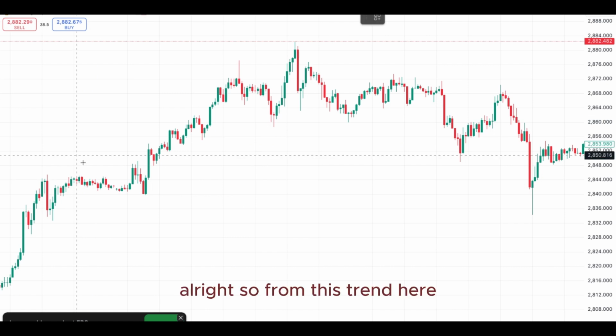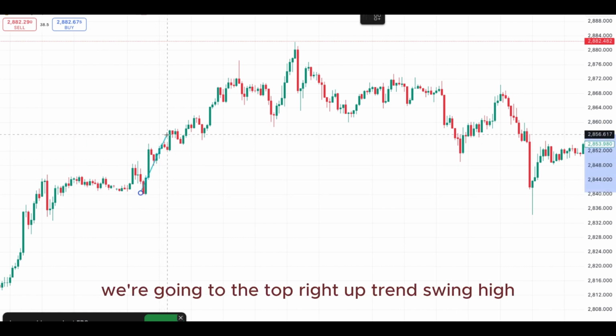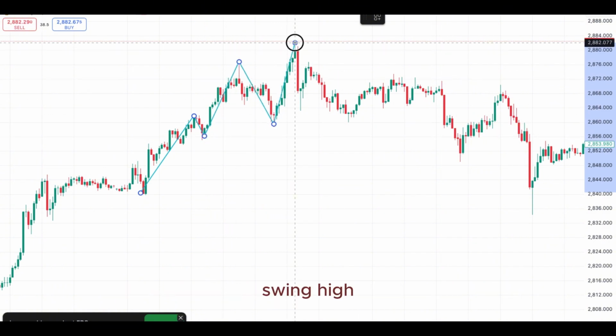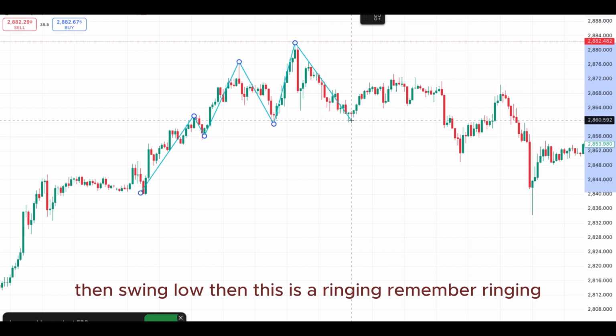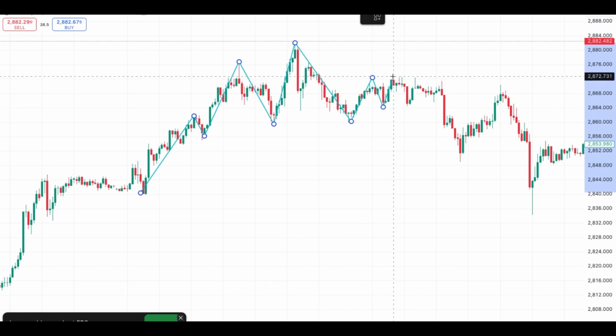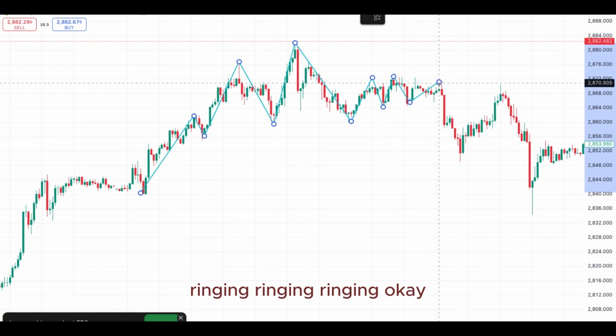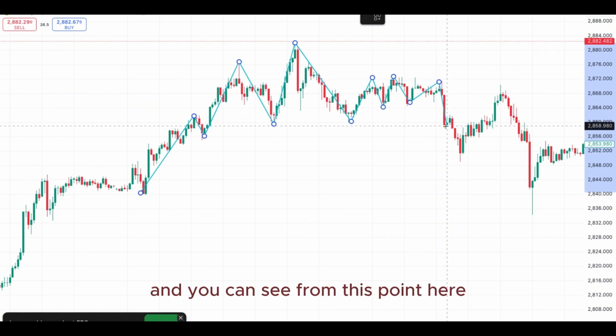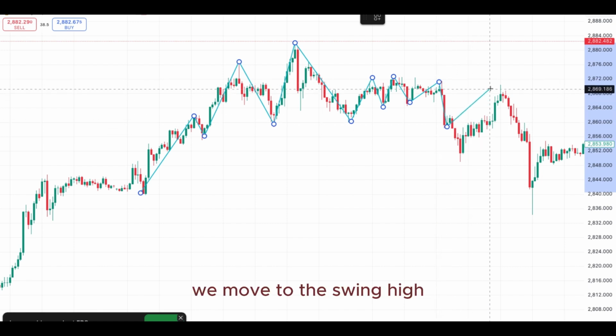All right, so from this trend here, we're going to the top, right? Uptrend, swing high, swing low, or higher high, higher low, swing high. Then swing low, then this is a ranging, remember? Ranging, ranging, ranging. Okay? And you can see from this point here, we move to the swing high.